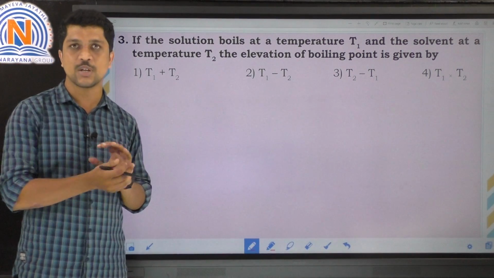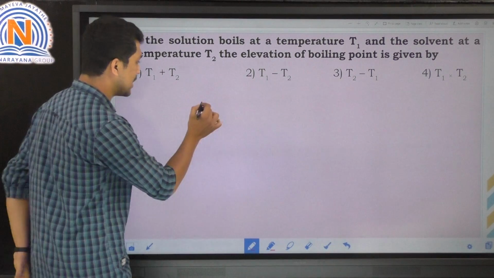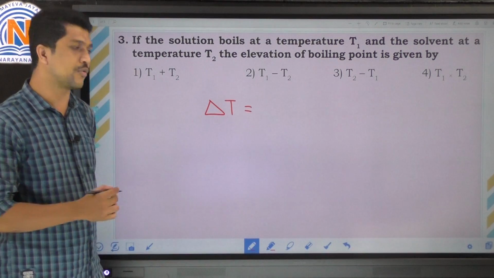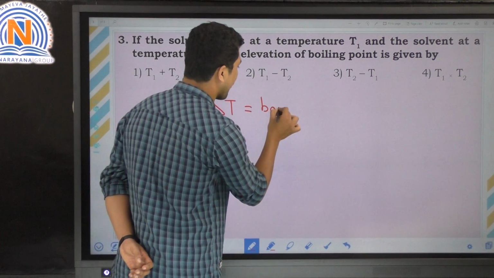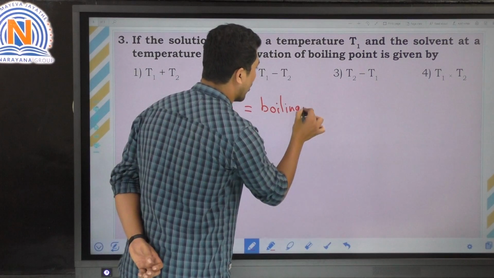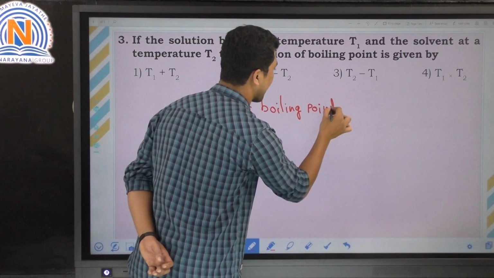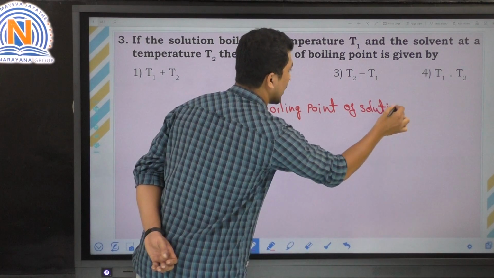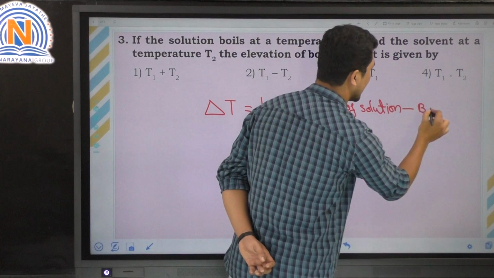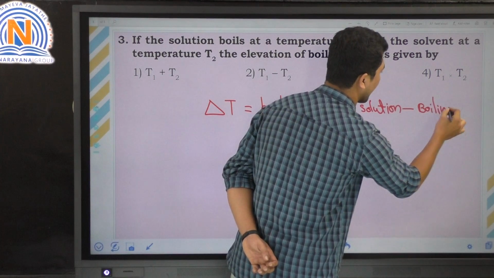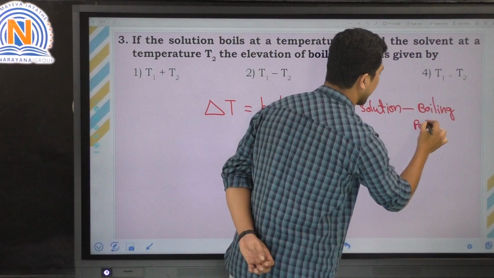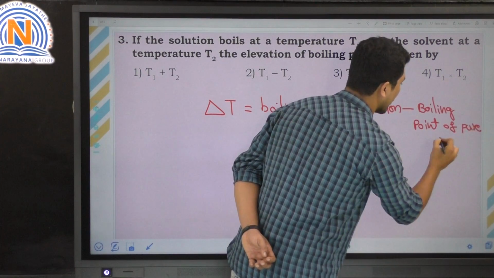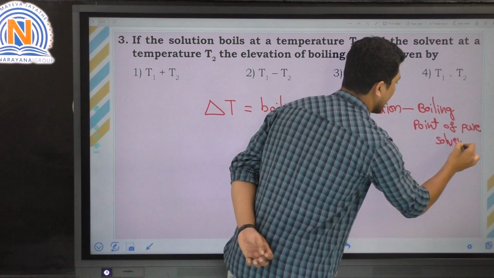We know that the elevation of boiling point delta T is equal to the boiling point of solution minus the boiling point of pure solvent, right?